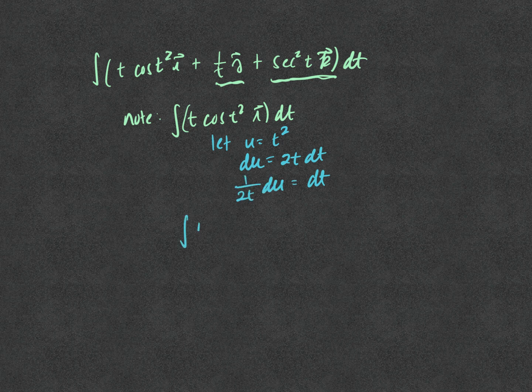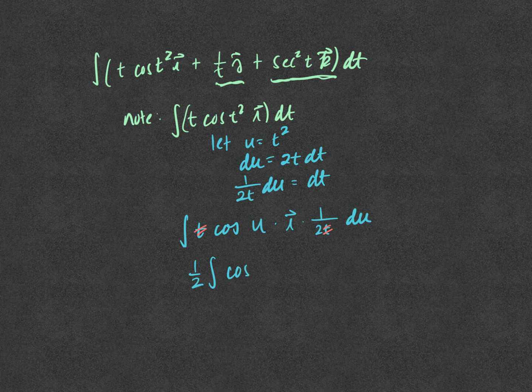So we're going to say the integral of t cosine of t squared. And instead of putting t squared, I'm going to go ahead and put u. And we have our i here, so I'm going to throw the i in. And then we have 1 over 2t du to replace dt. Now the t's cancel here, and 1/2 is a constant, so we're going to pull the 1/2 out front.